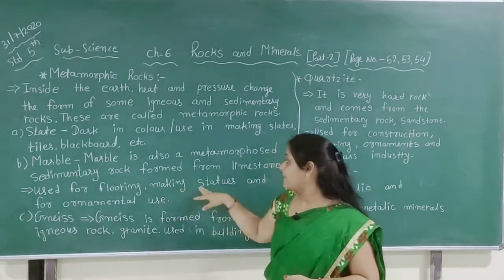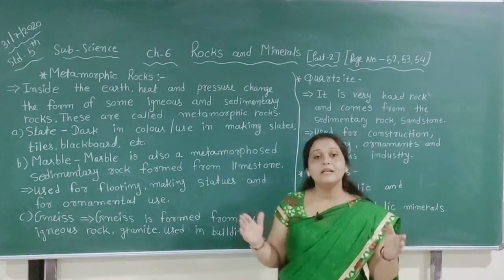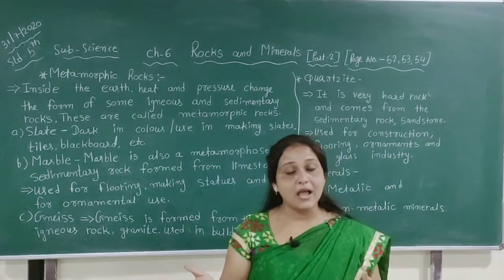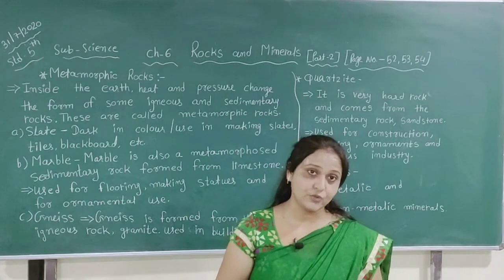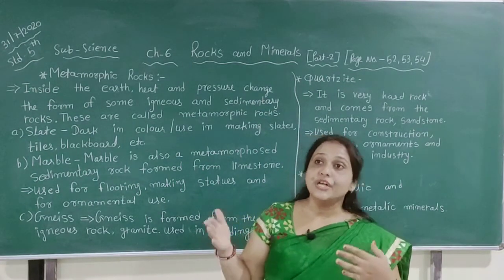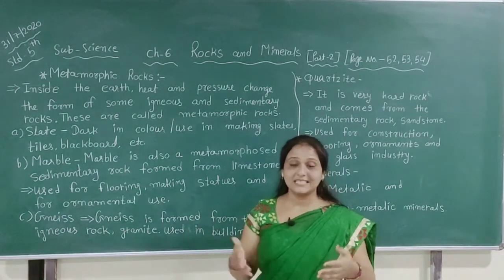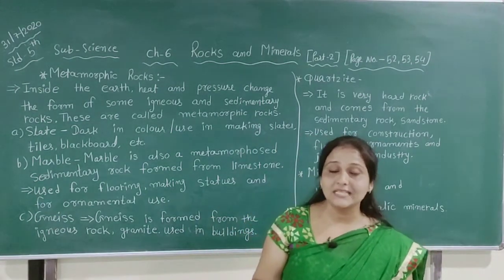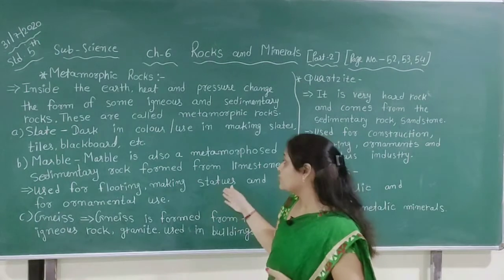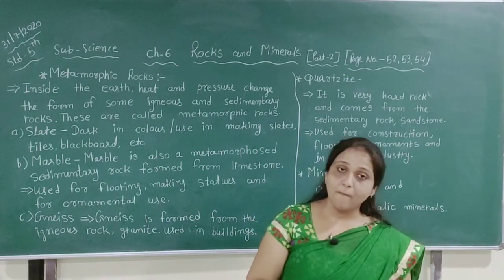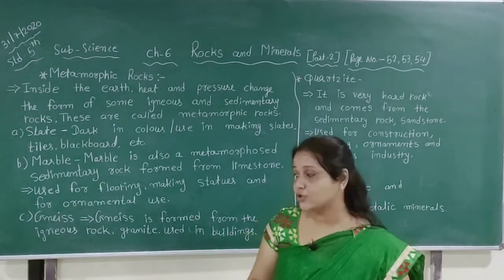Then, making statues. Marble is also used for making statues. You have seen the different types of statues available in different places. For example, in temples you can see the statues of Devi. They use some types of marble for making the statues.